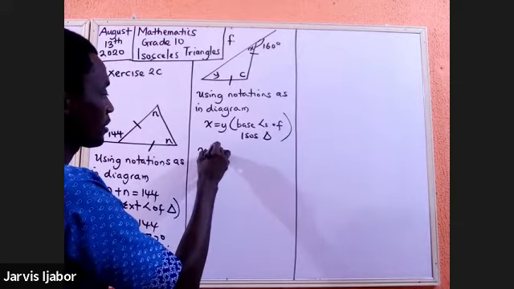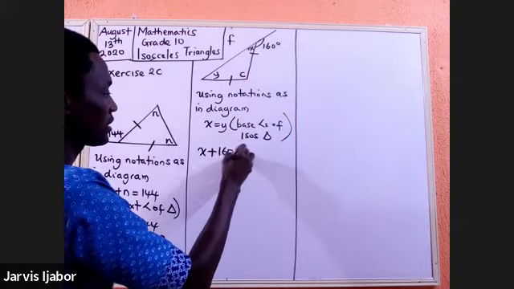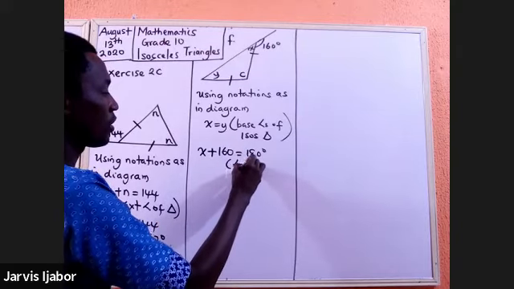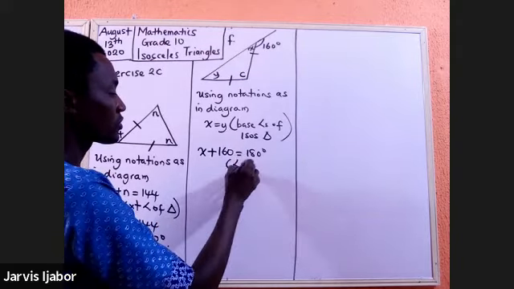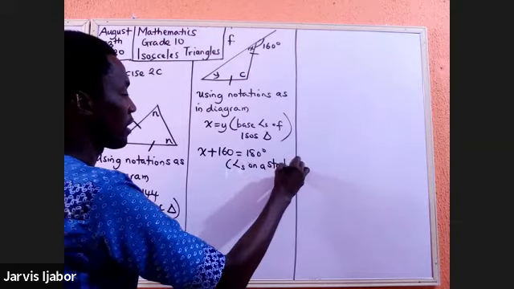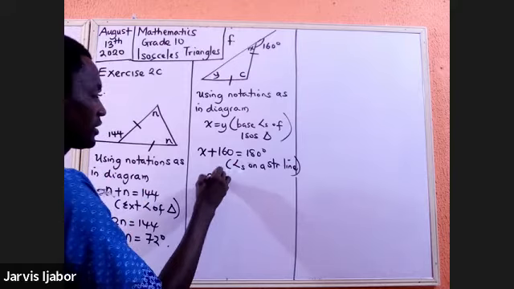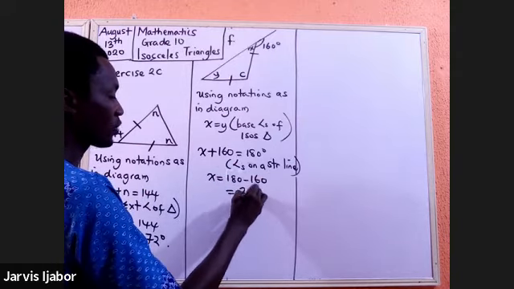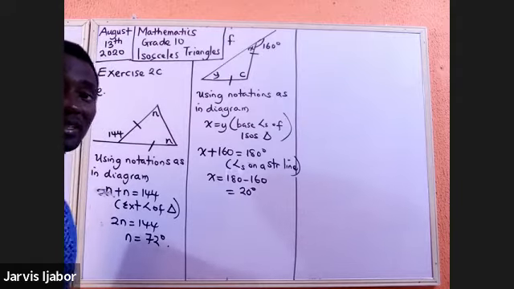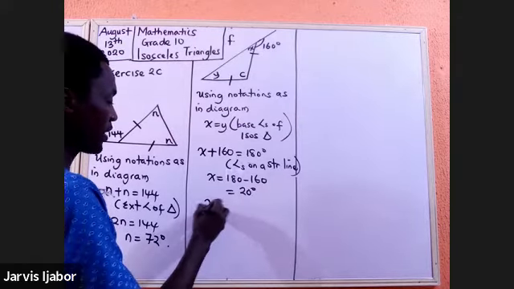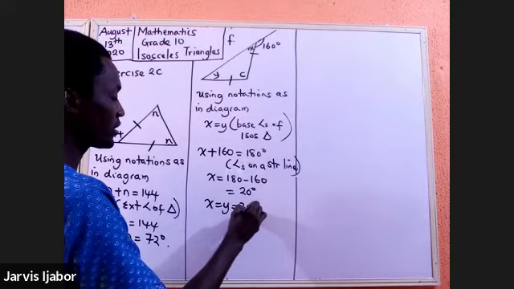X plus 160 is equal to 180 degrees, angles on a straight line. So X will be equal to 180 minus 160, and that is 20 degrees. So X is equal to Y, and that will be equal to 20 degrees.